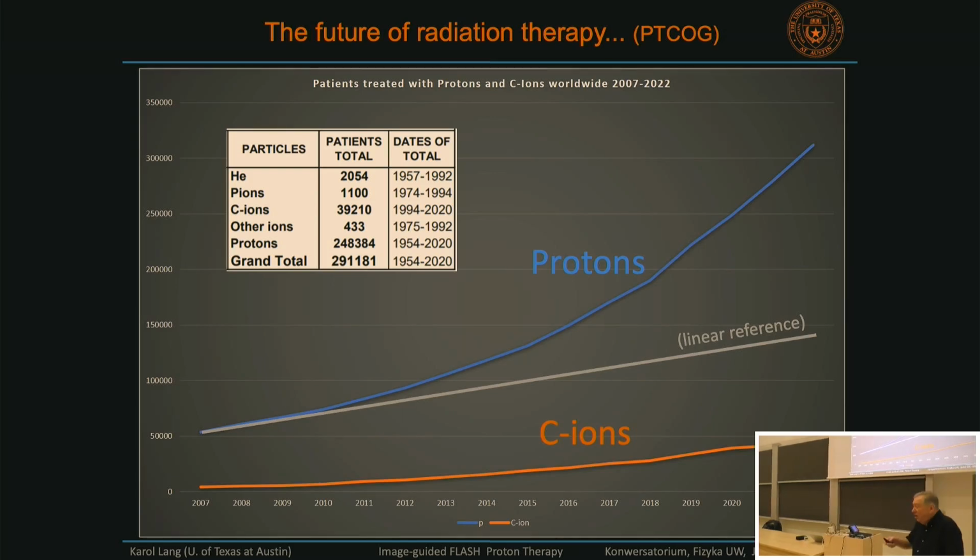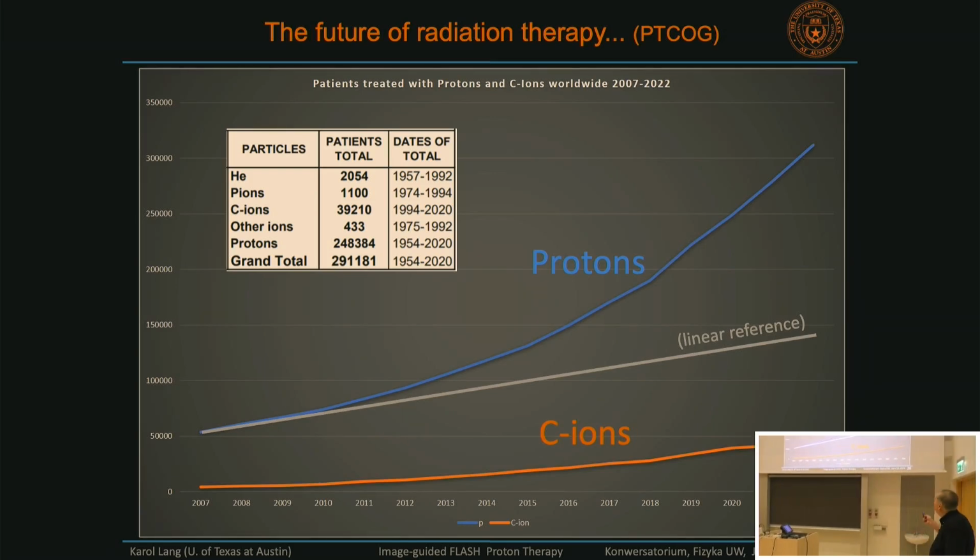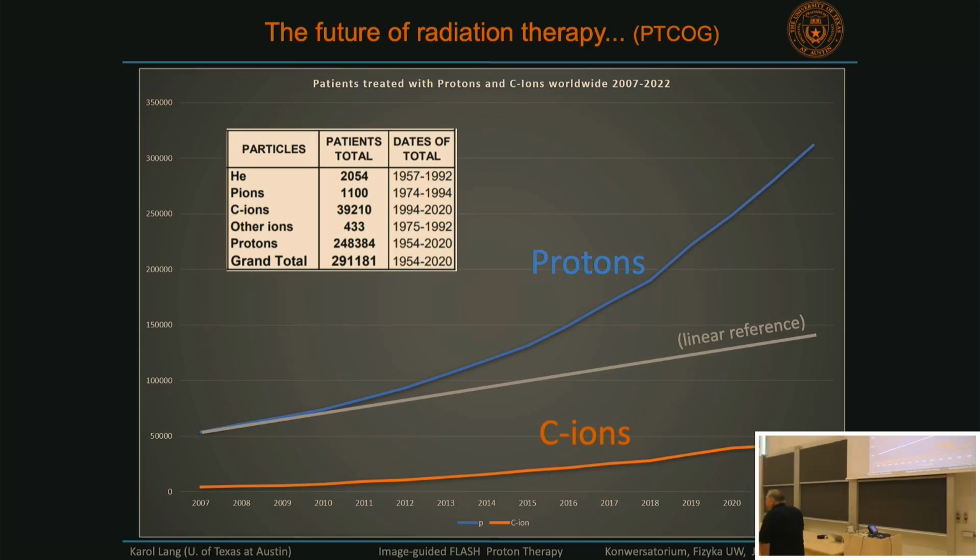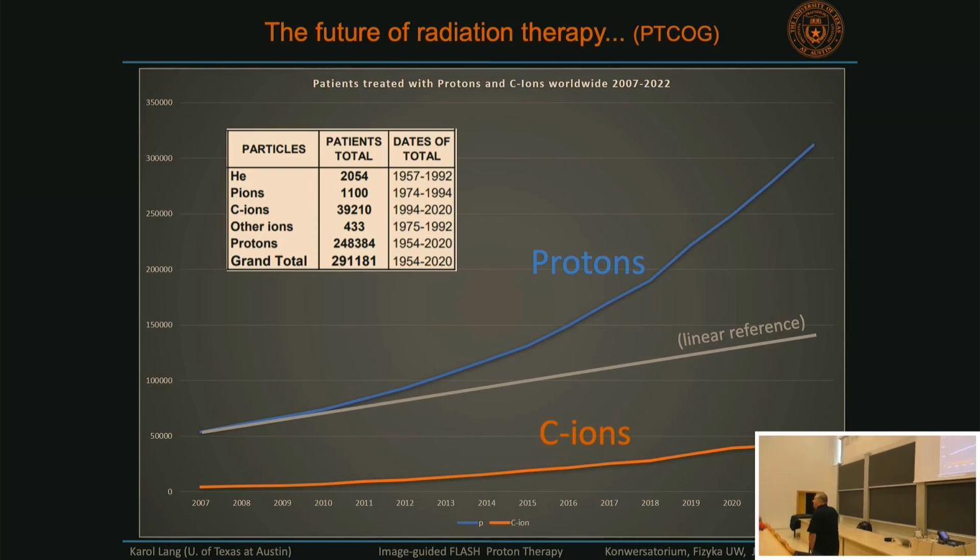So this is recognized as an important way of treating patients, and unfortunately the costs of these facilities do not allow the growth to match anywhere near what is available through gamma therapy.